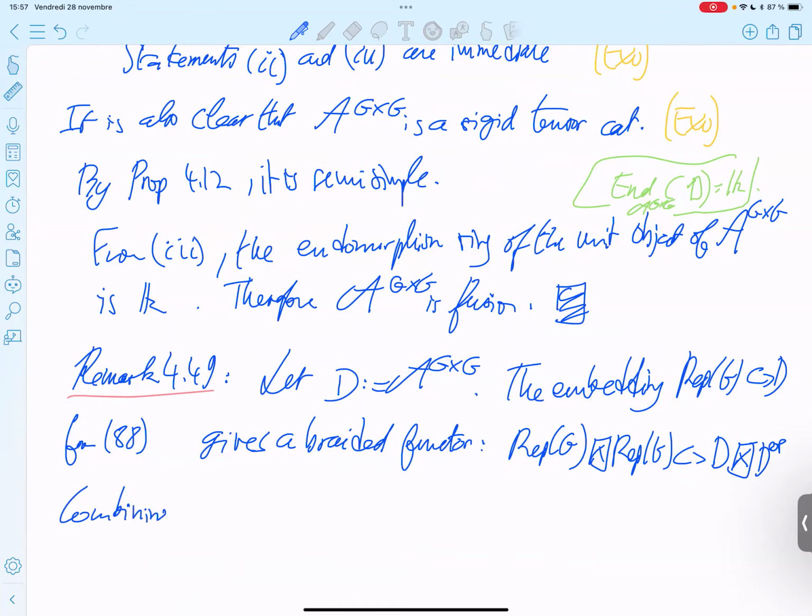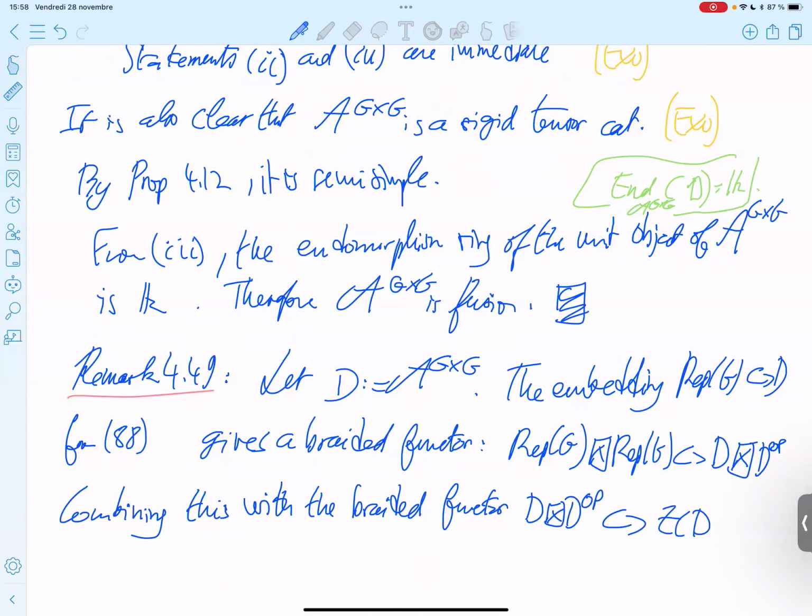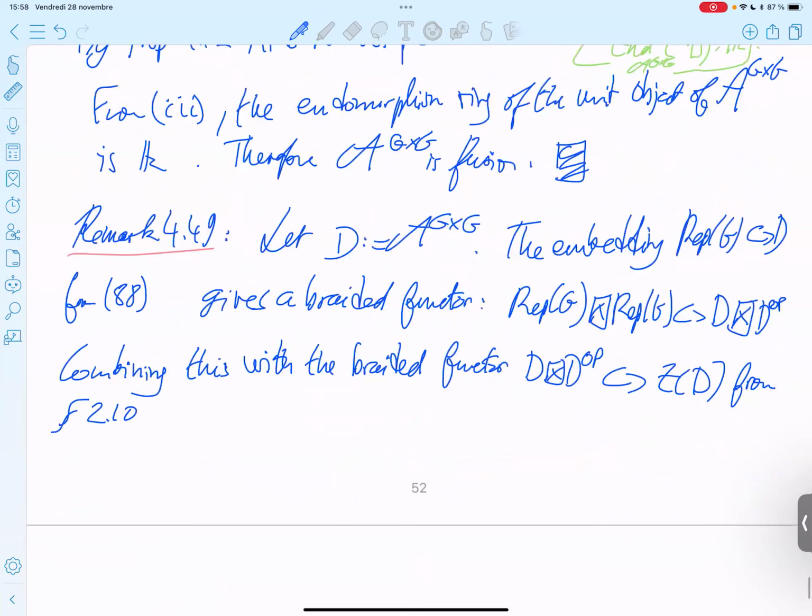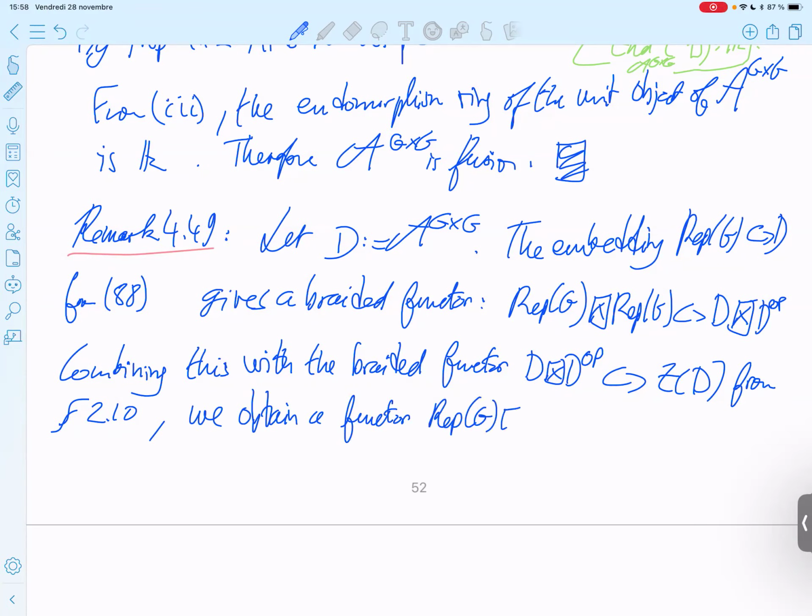So combining this with the braided functor from D up to the Drinfeld center of D, as mentioned in section 2.10 last semester, we obtain a functor from Rep G Deligne tensor Rep G to the center.